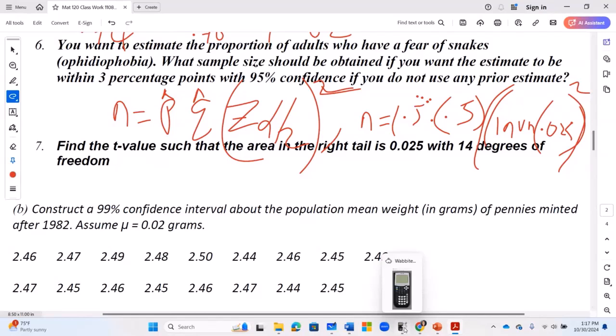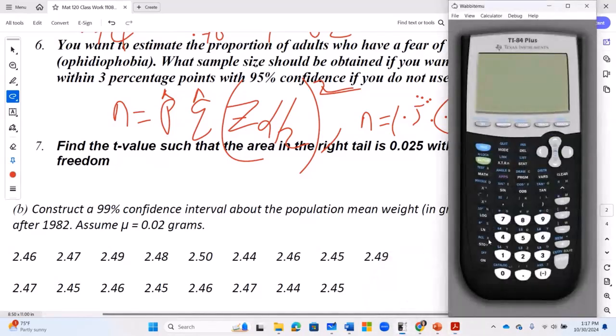I'll go to my calculator and calculate inverse norm 0.025. So go to second, distribution, inverse norm, which is number 3, and the area to the left is 0.025. It is a standard normal curve, so you don't have to change anything. I'll hit enter.